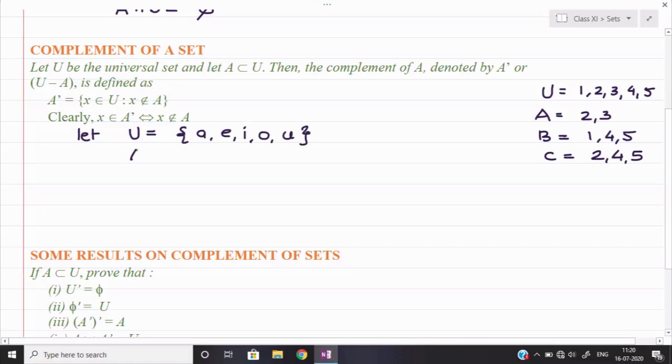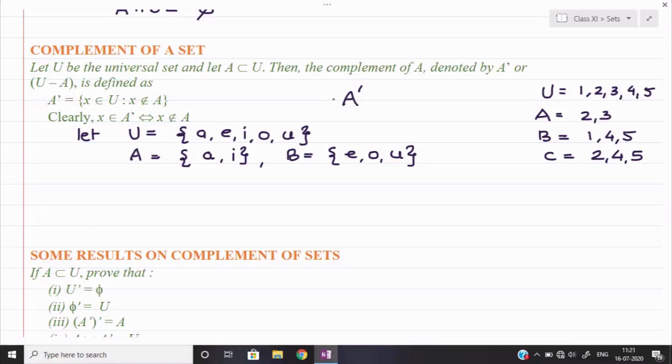Now if I take set A equal to {a, i}, and, to make the concept clear, B equal to {e, o, u}. First of all, remember, we denote the complement of a set by putting a dash sign on it. Meaning A complement, as you can see on A I have put a dash. So here I am finding A complement.